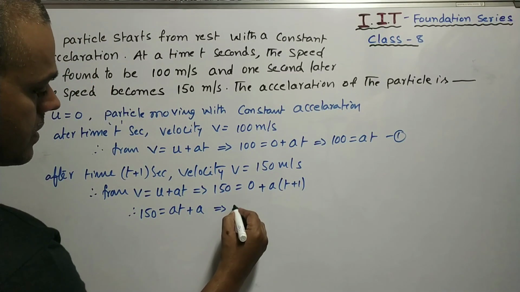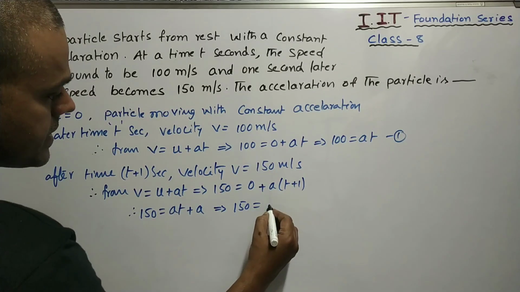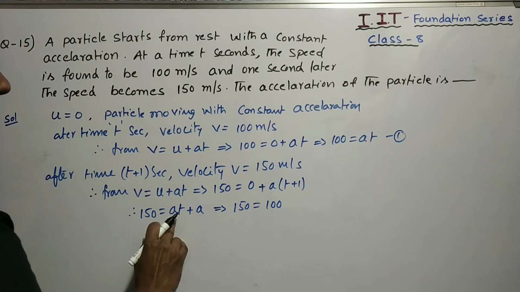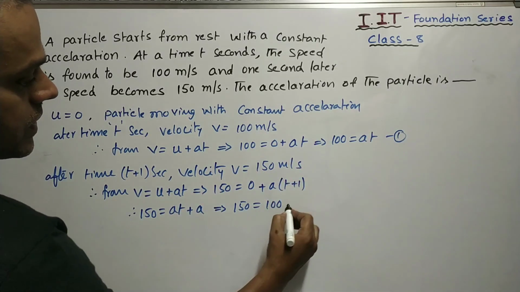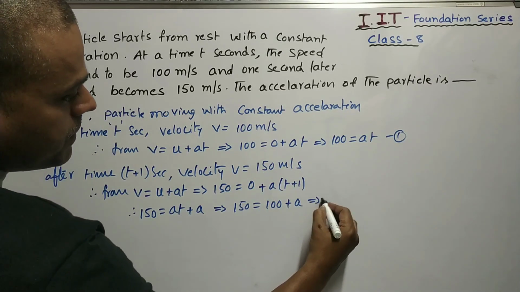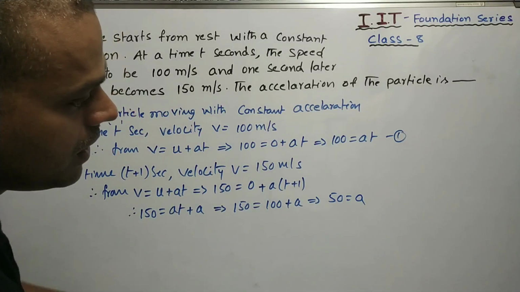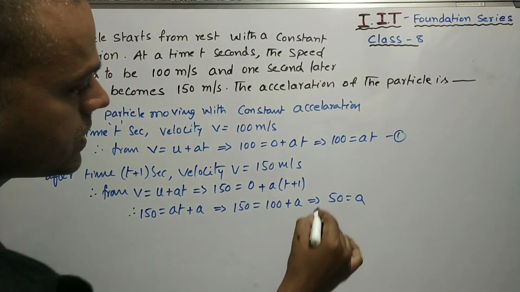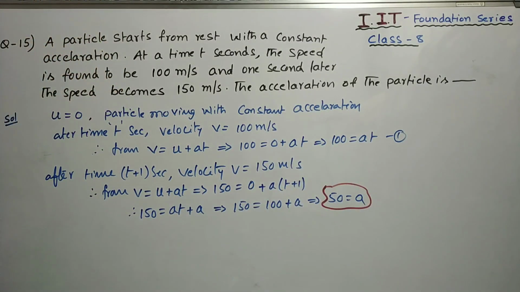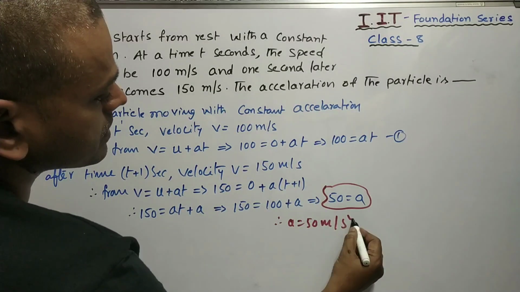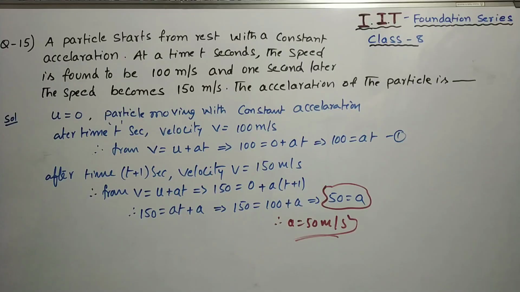That implies 150 is equal to 100, replaced from equation 1, plus a. That implies 50 is equal to a. So this is the answer for this question. Acceleration is equal to 50 meter per second square. That's it.